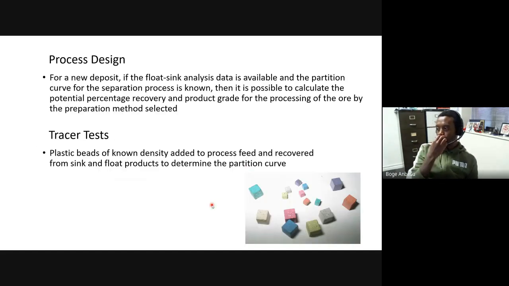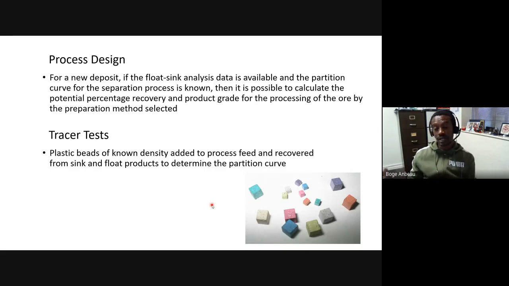What else can you do? You can actually put some beads with known density into your heavy media separator as well. And based on where these beads go, so they have different densities. And if you know you added 100 beads into the separating chamber, and you know exactly the density of each of those 100 beads, you would expect them to go to either the float or the sink based on the density.